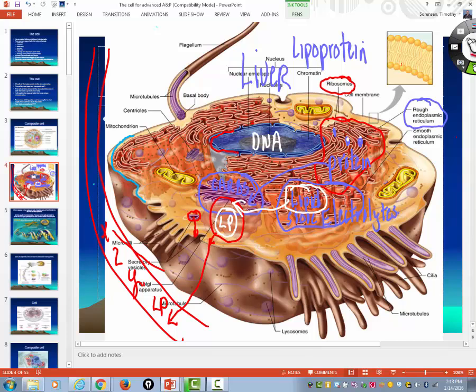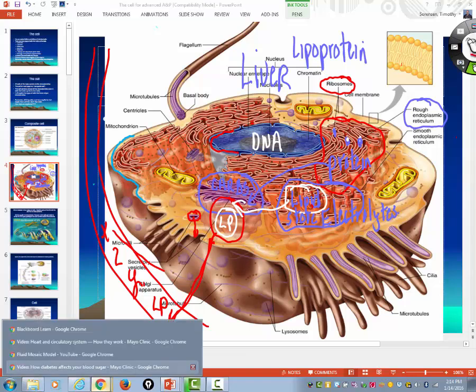And that is the function of the rough, the smooth, and the Golgi. So the Golgi makes carbs, and it is the final staging area for cellular product. It then pinches off a piece of that membrane, the Golgi membrane. That secretory vesicle then binds to the cell membrane and then squirts that cholesterol into the blood.